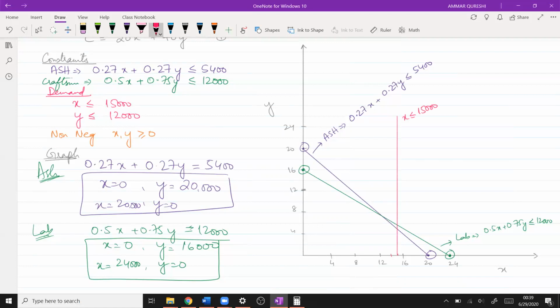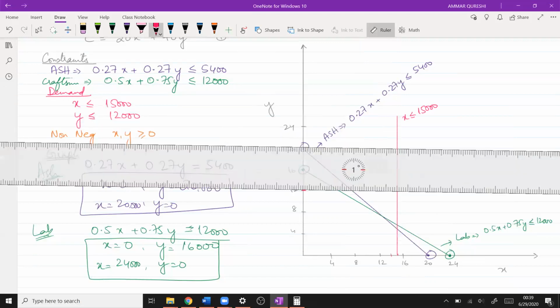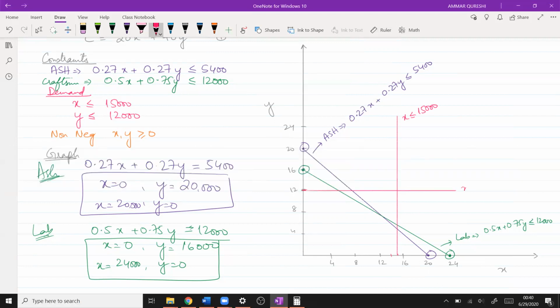And then Y should be less than or equal to 12,000. So 12,000 is a straight line here, right?